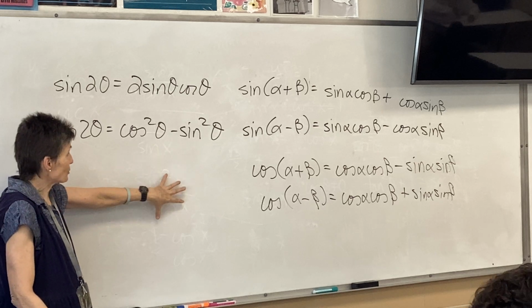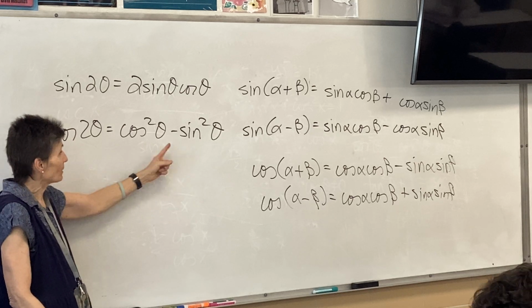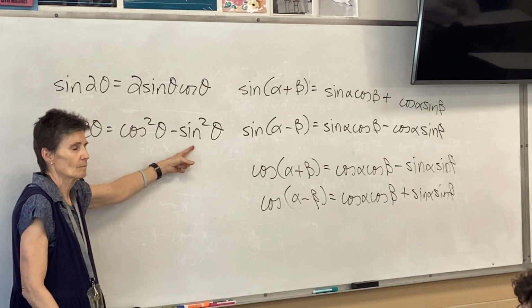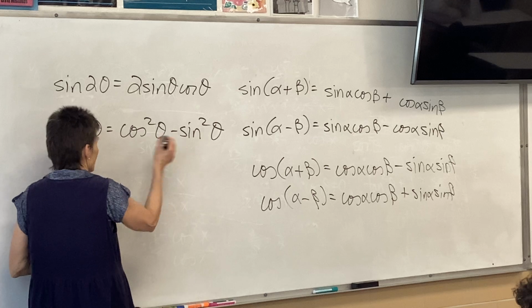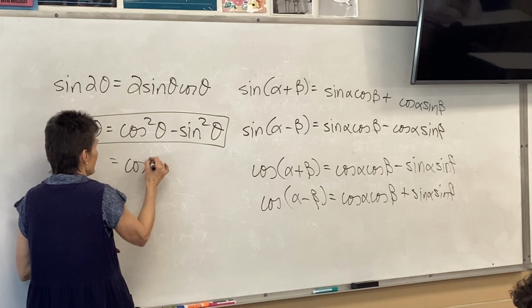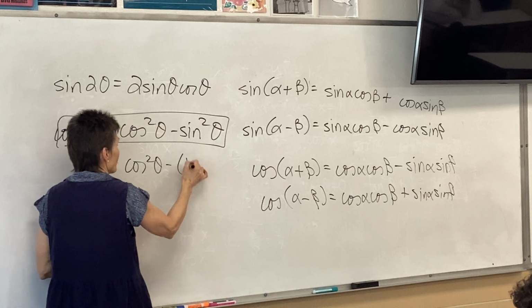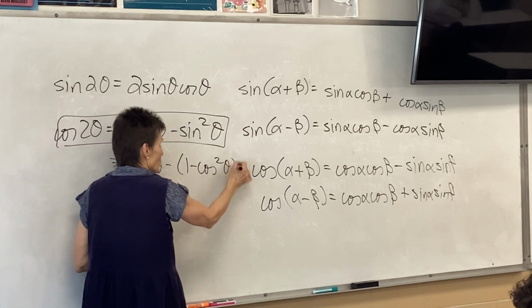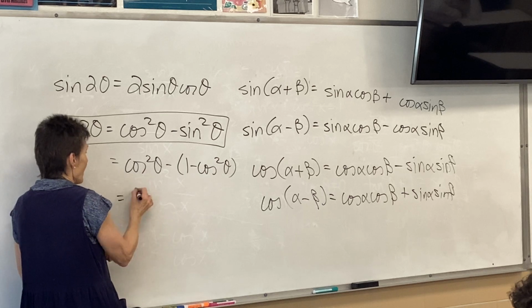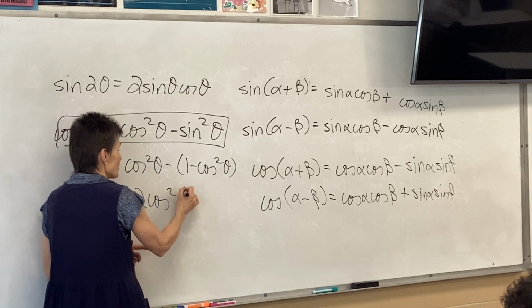We just talked about what sine squared was equal to: one minus cosine squared. So here's one version right here. But if I took that sine squared and replaced it with 1 minus cosine squared, that would be 2 cosine squared minus 1.